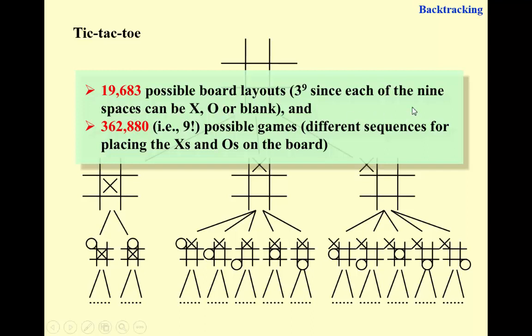It means that for each position, we have 3 possible statuses, either cross, nought, or blank, right? So for each position, we have 3 options, and there are altogether 9 positions. So it's 3 to the power 9. There are that many possible board layouts. And there are 9 factorial possible games. And games means different sequences for placing the crosses and noughts on the board.